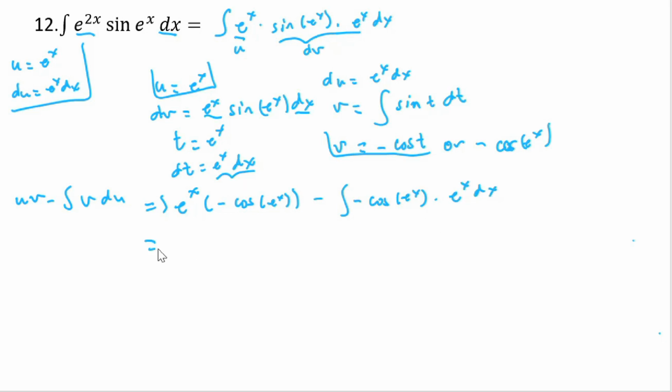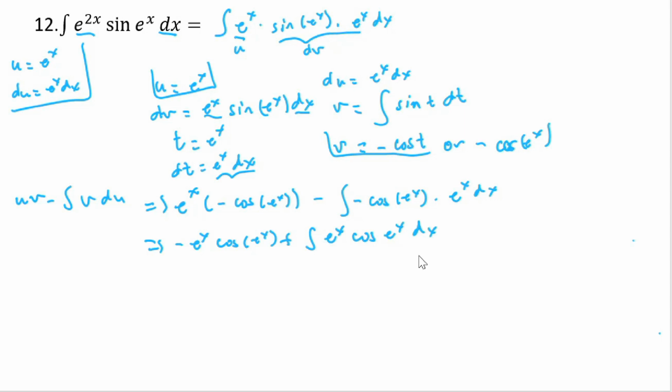By simplifying, we can now write the negative of e raised to x cosine of e raised to x, and negative times negative becomes positive: the integral of e raised to x cosine of e raised to x dx.